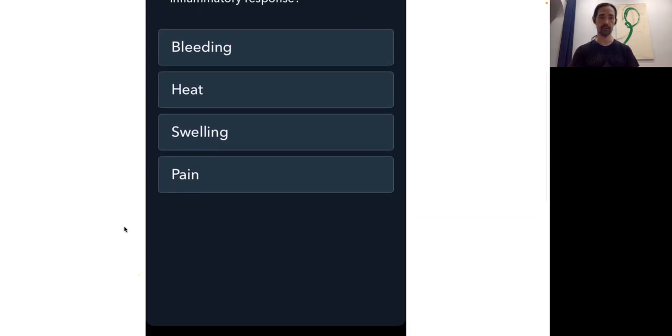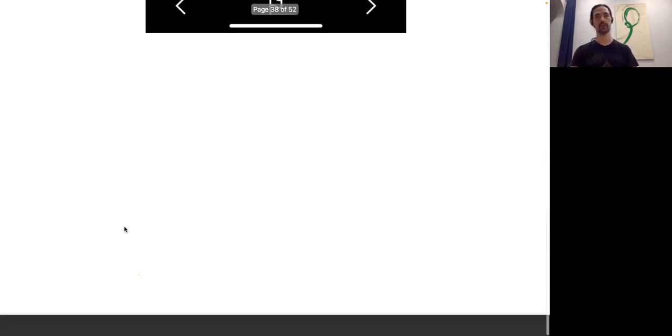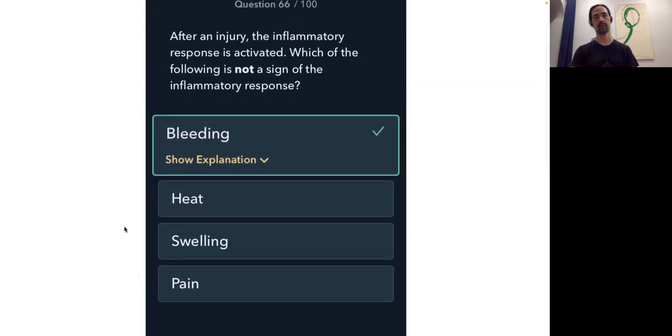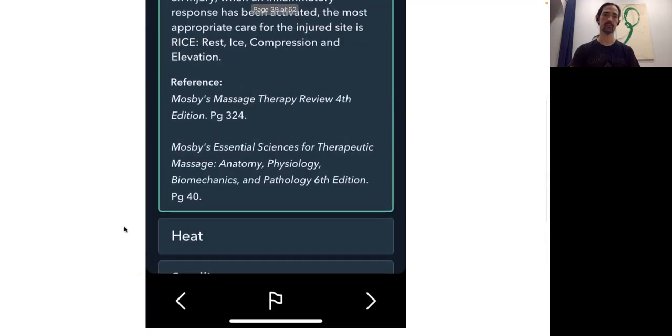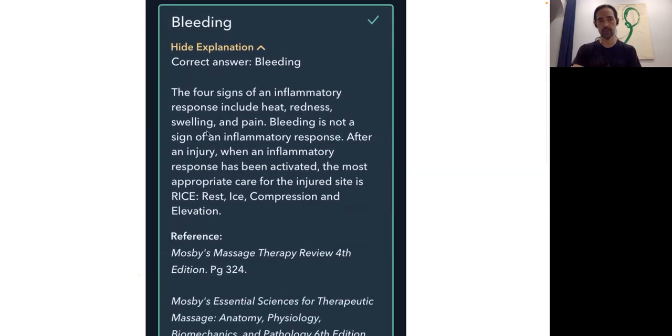Swelling, heat, altered use, redness, and pain. Four signs of an inflammatory response include heat, redness, swelling, and pain. The fifth one is altered use, sharp.